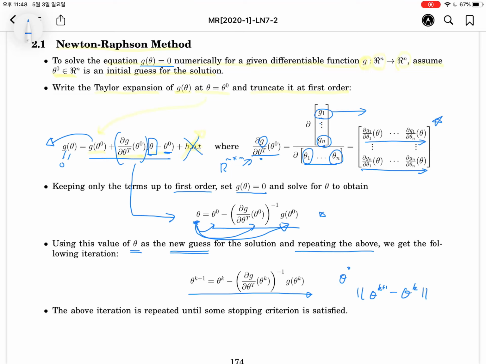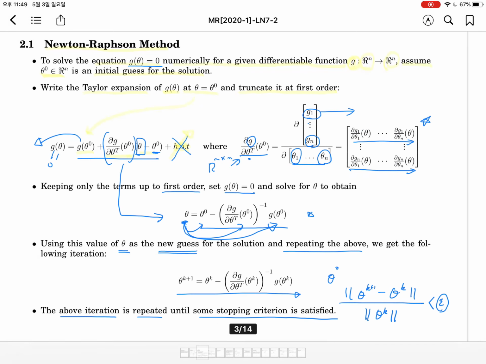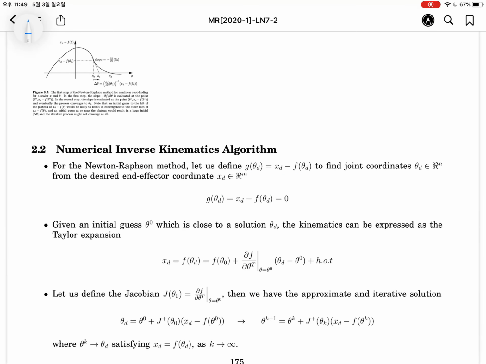Maybe the absolute value of theta k+1 minus theta k, or the relative value, should be smaller than some very small value denoted by epsilon. Like this, we can determine a criterion to stop. The above iteration is repeated until the stopping criterion is satisfied.